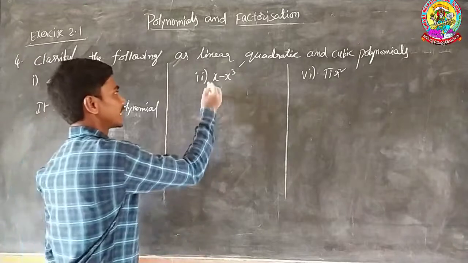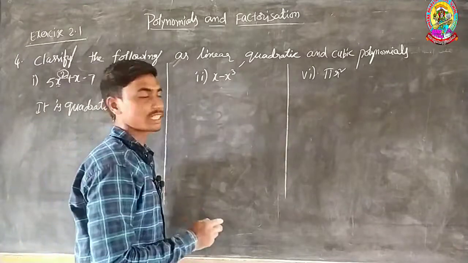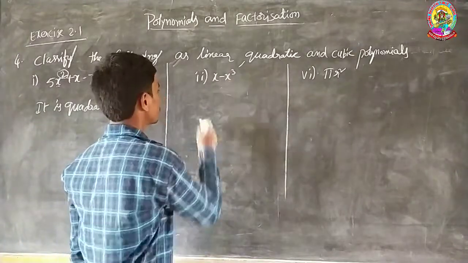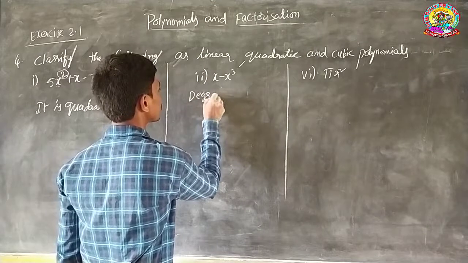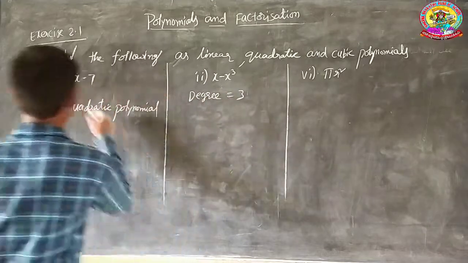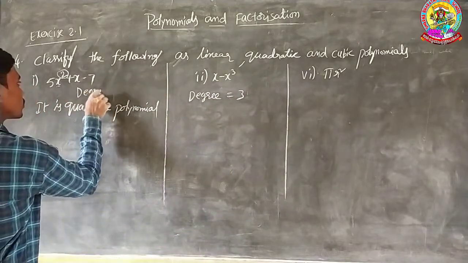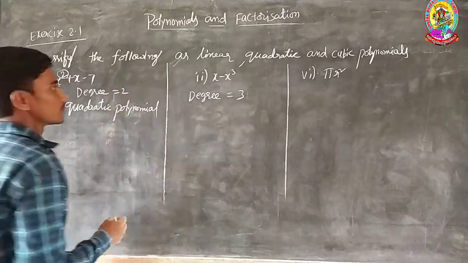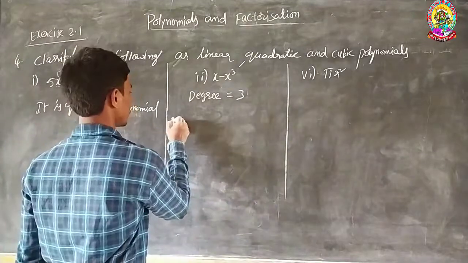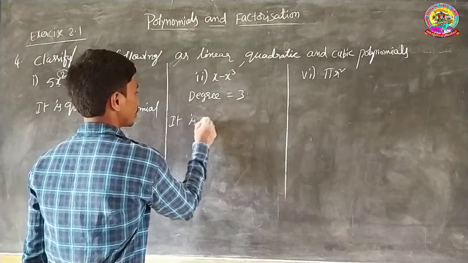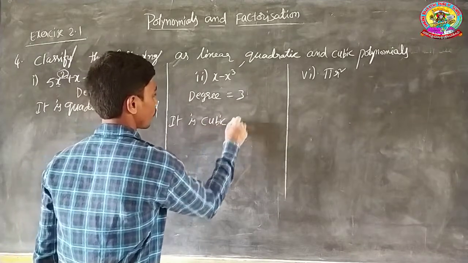Next, x minus x cube: what is the degree? Here the degree is 3, so it is a cubic polynomial.